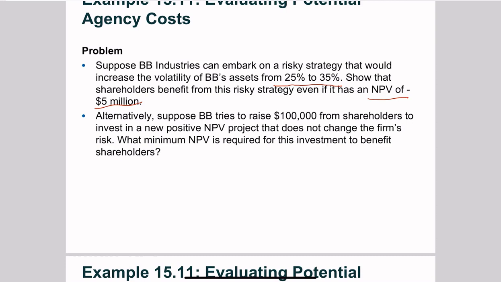So if the firm's asset has a larger volatility, then the call option will be more valuable and equity will be more valuable. That's the basic idea here. So let's see how we can do the calculation and show that shareholders will actually benefit from this kind of risky strategy.